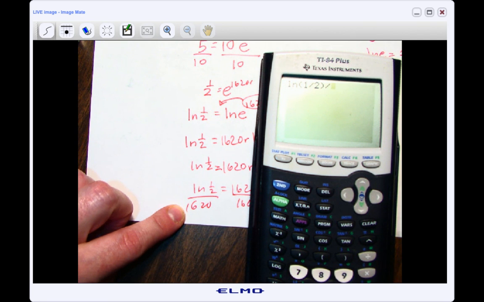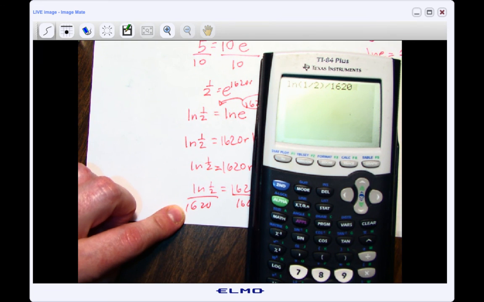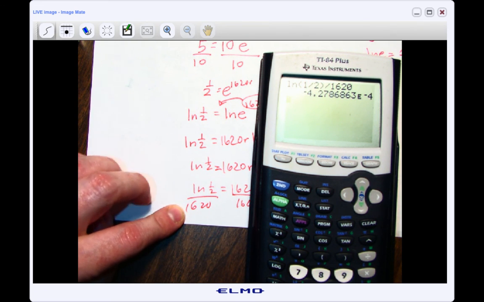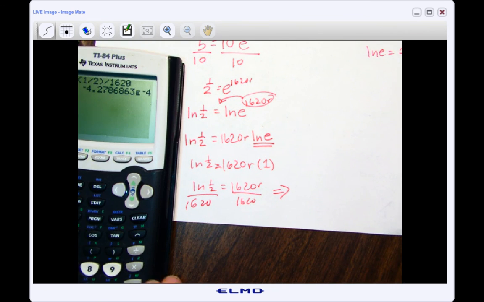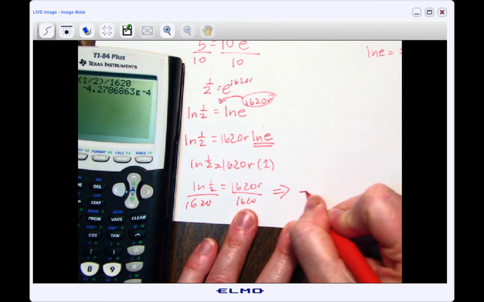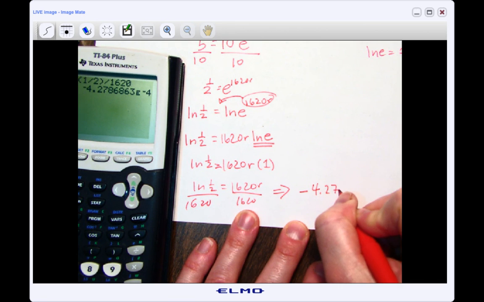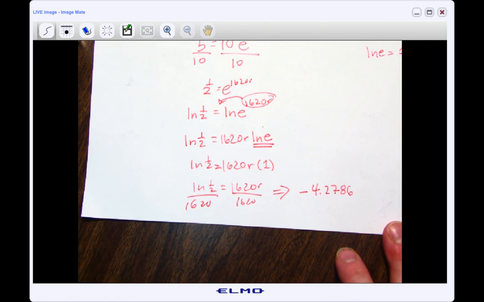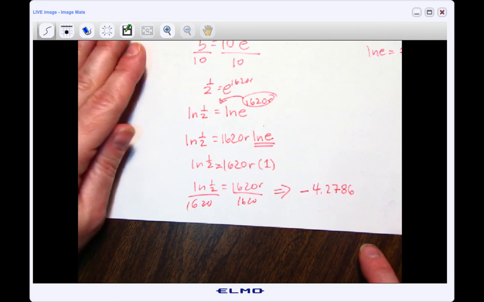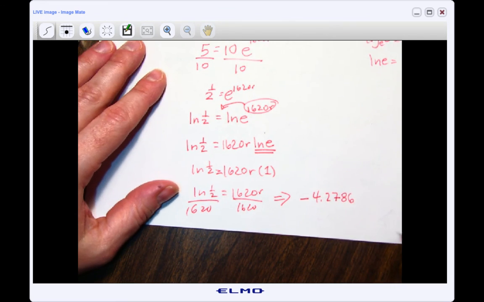So divided by 1620, and that gives you a negative 4.27. So this is a kind of weird number because this is now our rate.